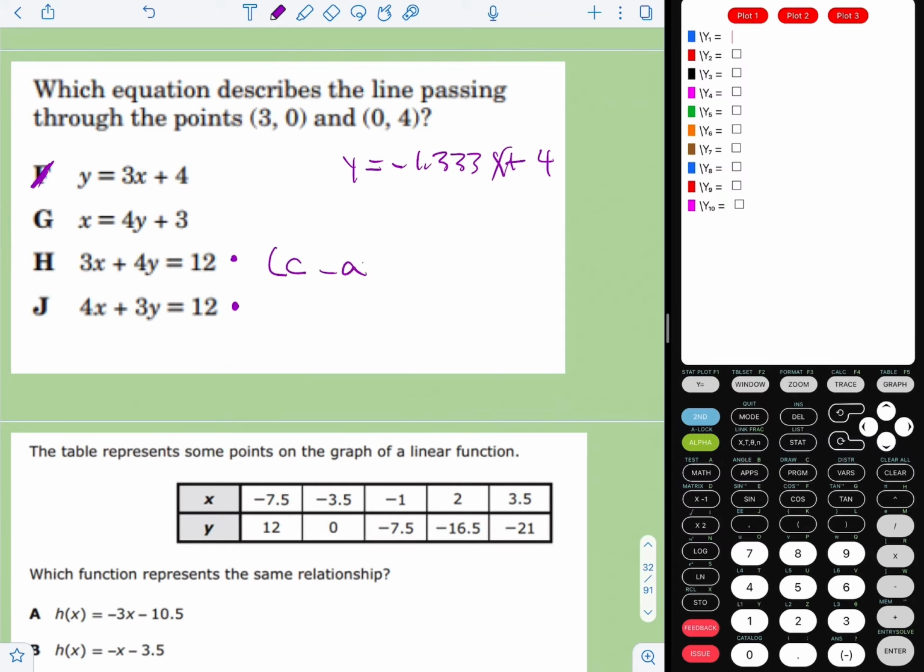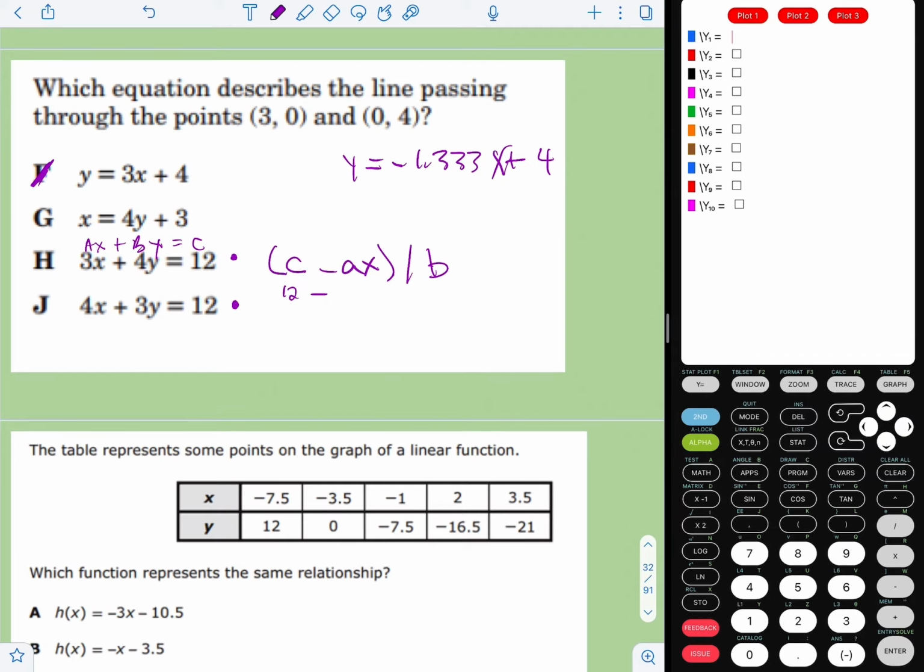We subtract our AX and we divide by our B. So what's our C in this situation? Because this is standard form. Our C is 12. Our AX is 3x. Put that in parentheses. Press the division symbol and divide it by our B, which is 4.